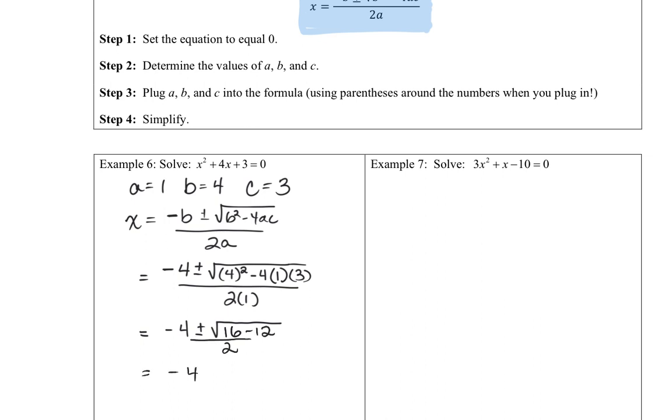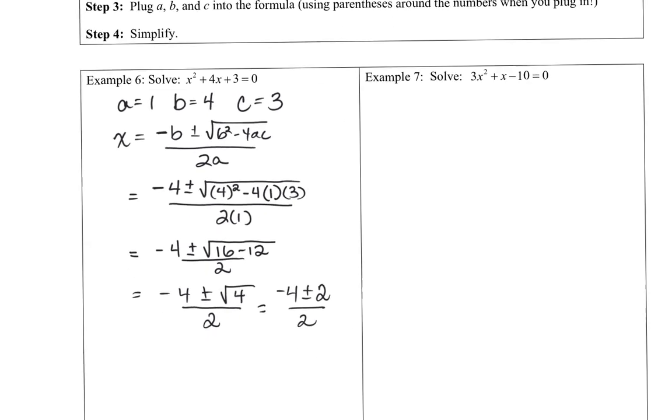So negative 4 plus or minus the square root of 16 minus 12, which is 4, divided by 2. Well, because this one would factor, our radicand, the number under the radical, this is called the discriminant, we're going to see, is a perfect square. So the radical is going to be gone. It's going to be negative 4 plus or minus 2 divided by 2, because the square root of 4 is 2.